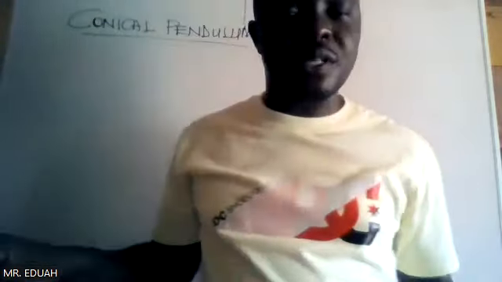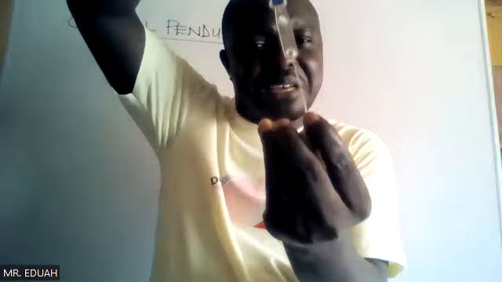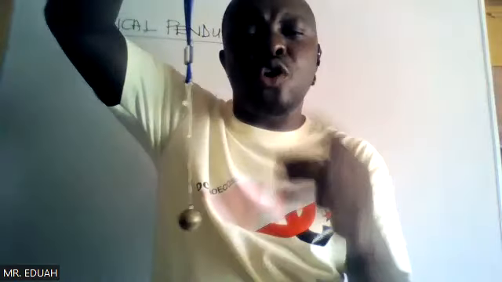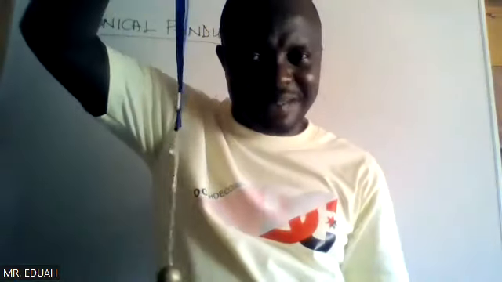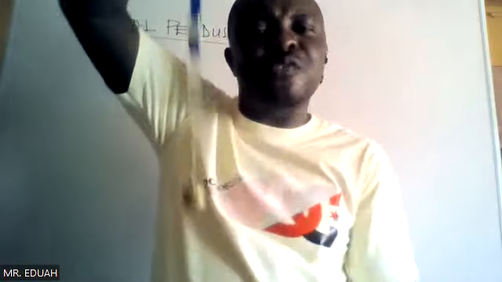So when we talk about a simple pendulum, we are talking about any mass, not necessarily this metallic mass, or any mass tied to a massless or weightless string. I'm saying massless or weightless because we always want to neglect the mass or the weight of the string.